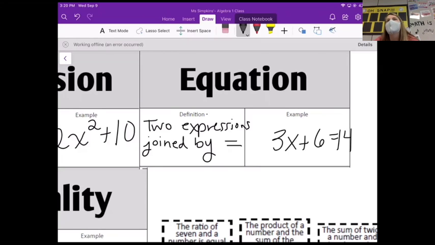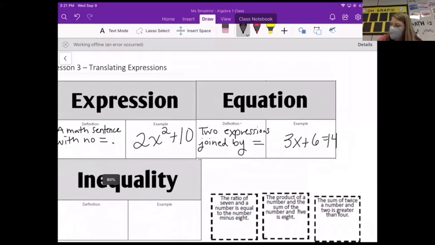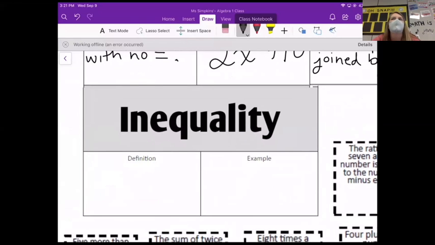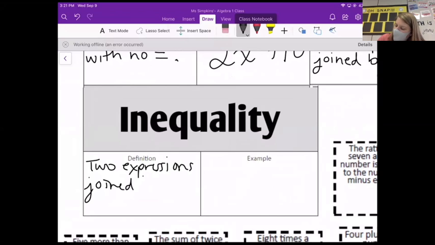And then the last type of math sentence is an inequality. Did y'all learn about inequalities in your 6th grade class? Okay, yes, no, maybe so. So an inequality and an equation are very similar, okay? An equation is two expressions joined by an equal sign. An inequality is two expressions joined by, we have 4 options.